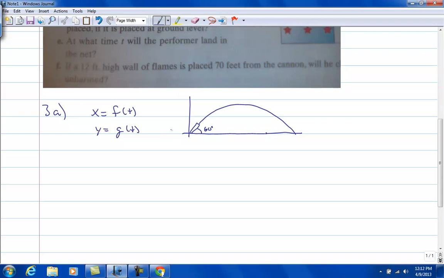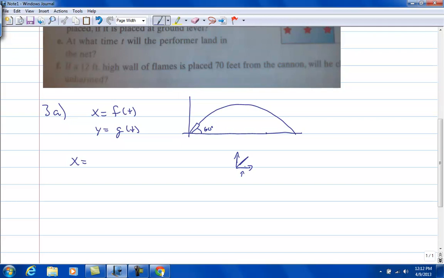Now, our x equals, what we have is an initial velocity, but it's not going to be going the entire velocity. We want to break this initial velocity into a vertical part and a horizontal part.